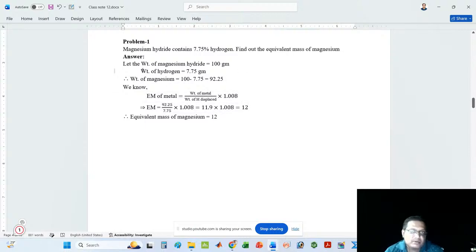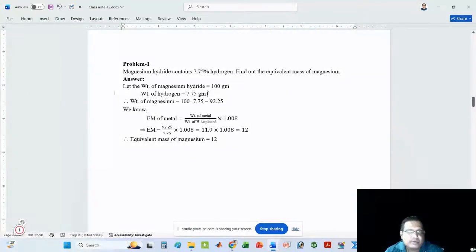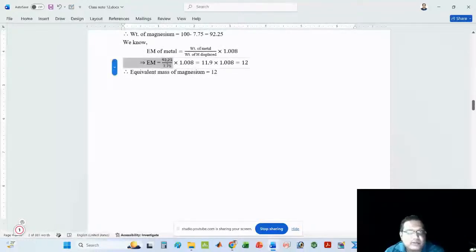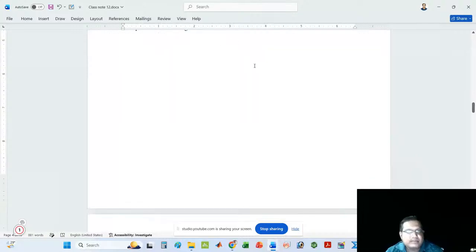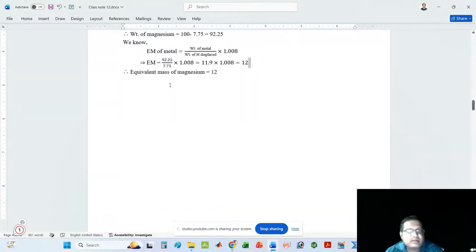Here weight of metal is 92.25, and weight of hydrogen is 7.75. Here I can write equivalent mass is equal to 92.25 divided by 7.75 into 1.008. After solving, it is seen that equivalent mass is equal to 12. Therefore, equivalent mass of magnesium is here 12.